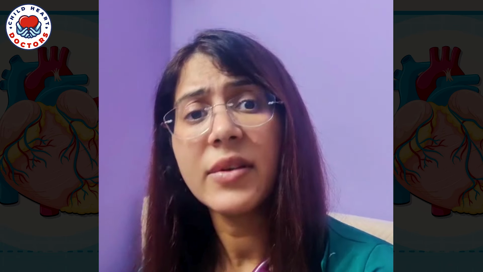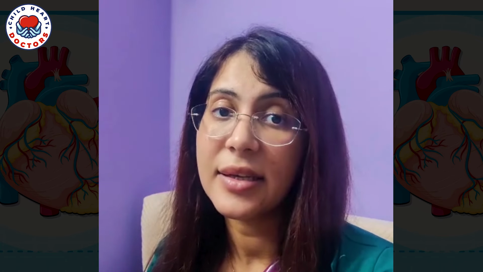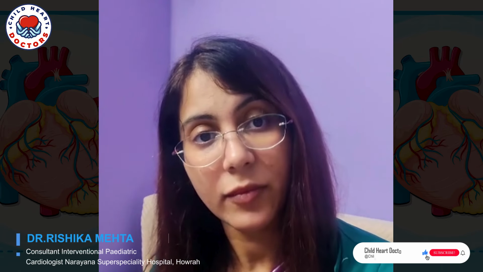That is, the pulmonary valve is so small that it is not able to supply the pulmonary arteries or the lungs. In that case, a balloon pulmonary valvuloplasty is to be done to open that valve so that the blood flow from the right side of the heart to the lungs is established. This procedure is also an emergency.